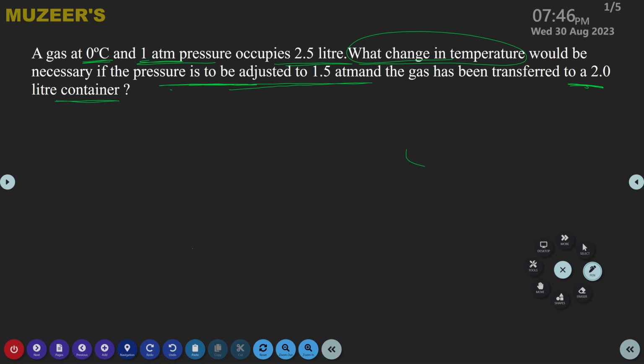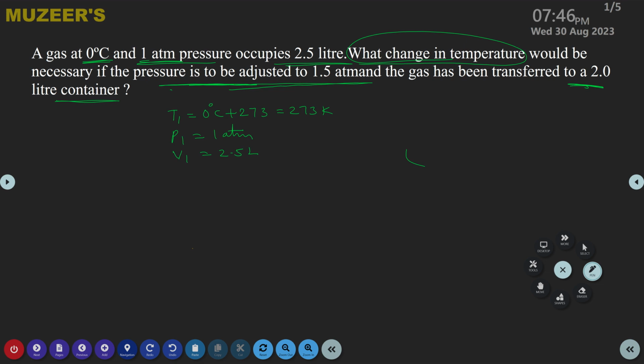See, data is given like this. Initial temperature T1 is equal to 0 degree centigrade plus 273. That is equal to 273 kelvins. At pressure P1 is equal to 1 atmosphere. And volume is given. V1 is equal to 2.5 liters. Okay, like that.